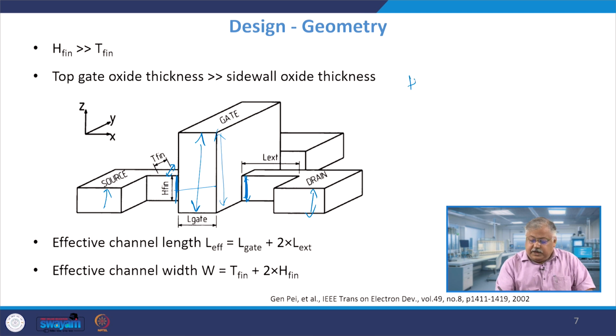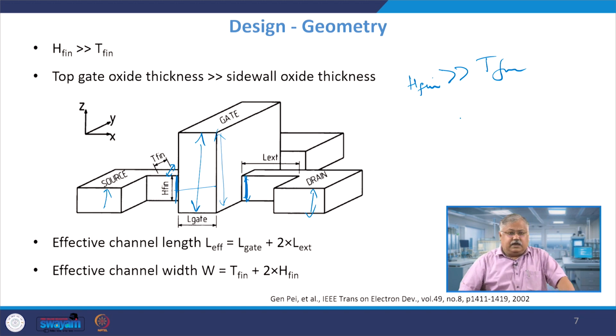So what I am assuming is that H fin is much larger than T fin, which basically means that the height is larger. We have already discussed that the effective width will be given as T fin plus 2 times H fin, and the total L effective will be L gate plus 2 times the extension region. This is the extension region.